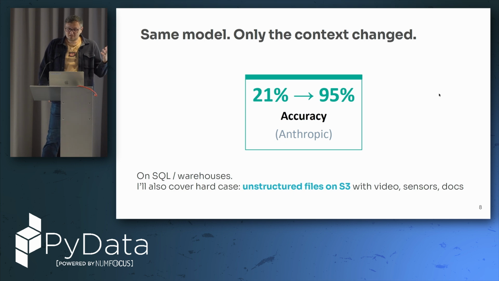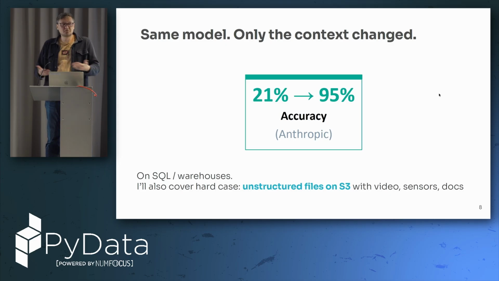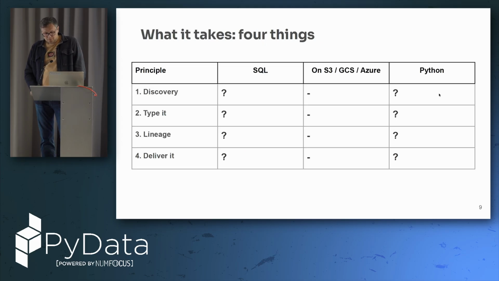They claim that with context, their agents' accuracy increases from 21% to 95%, right? That's a lot, you can imagine. So it means most of the questions to data could be easily answered by Claude Code, right, if the context is there.